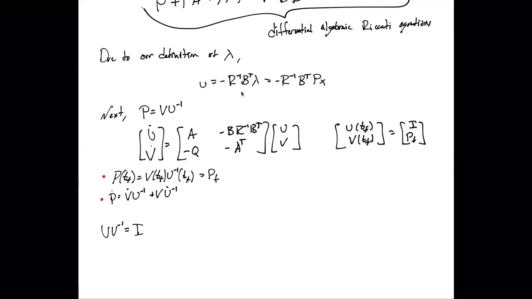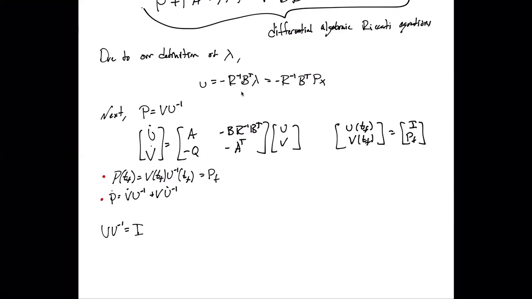So then if we take the time derivative of this, assuming that U changes, we'll get U dot U inverse plus U U dot inverse is equal to 0, which implies that U dot inverse is equal to negative U inverse U dot U inverse.